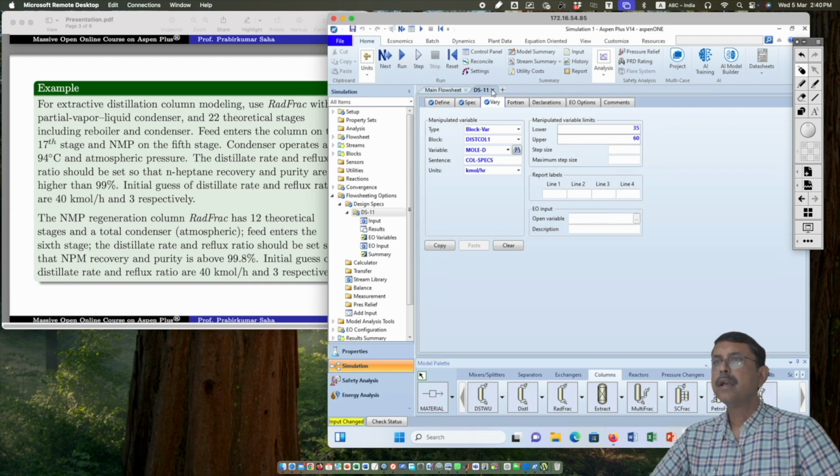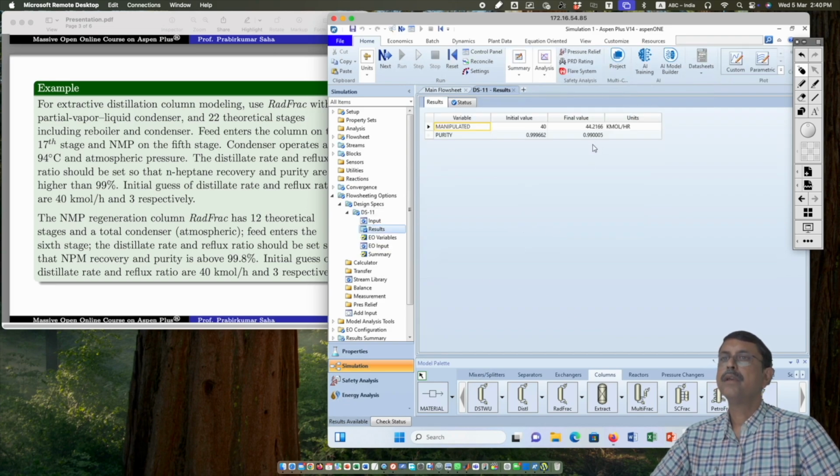Now run this system once again. Yeah, check the results. So it finds 44.2166.